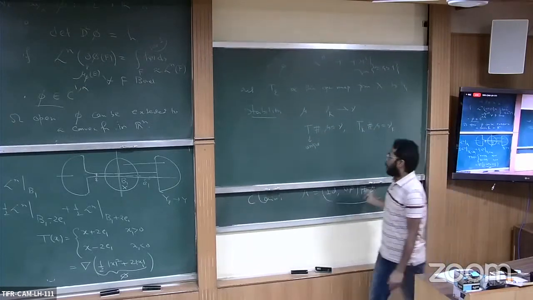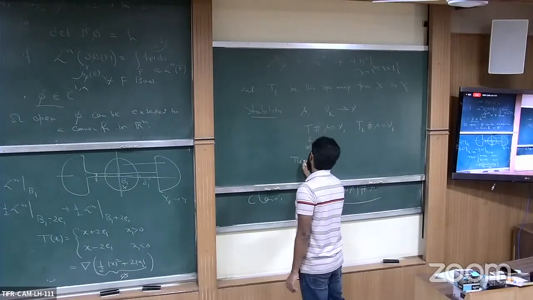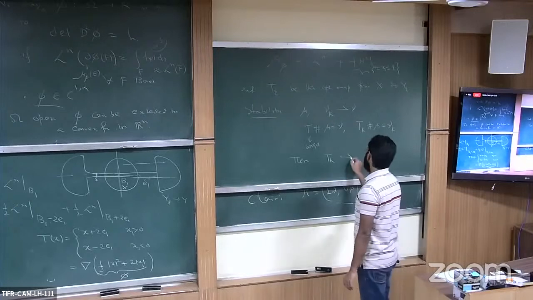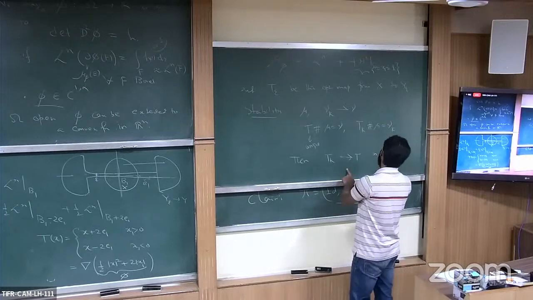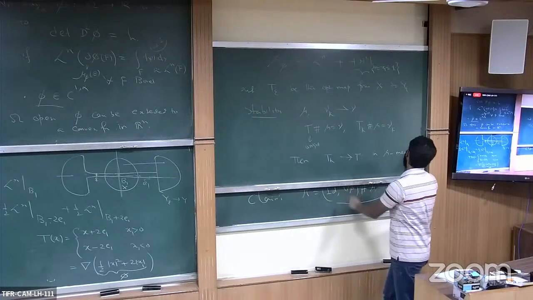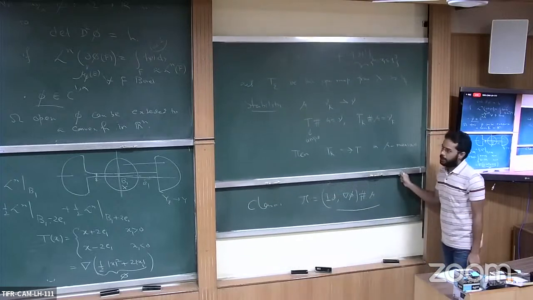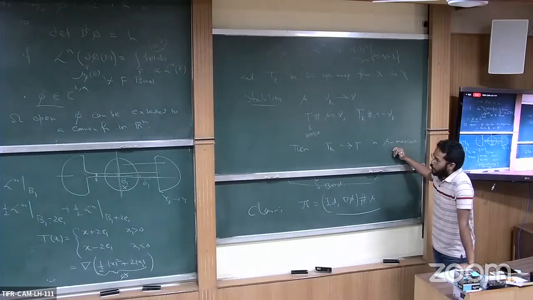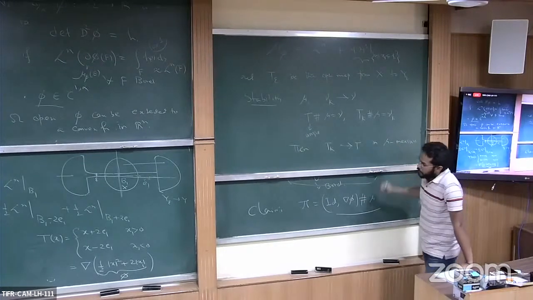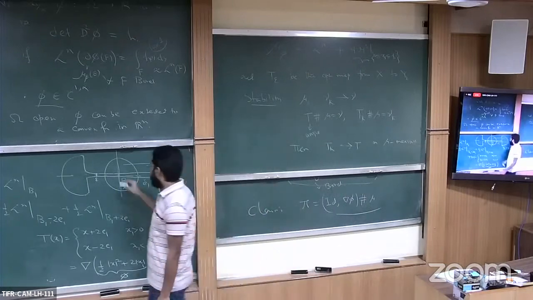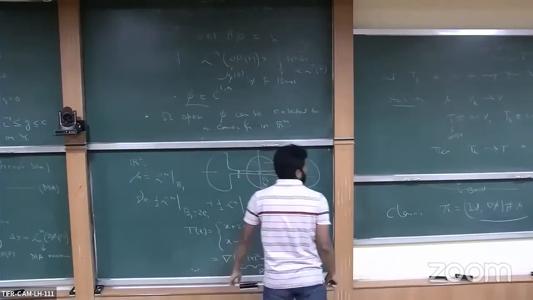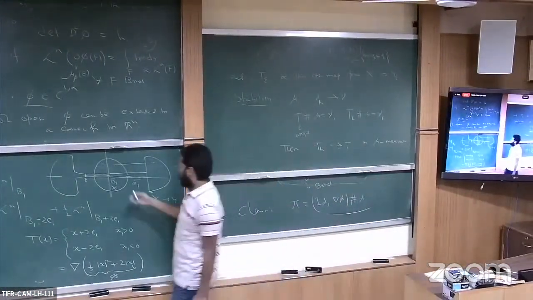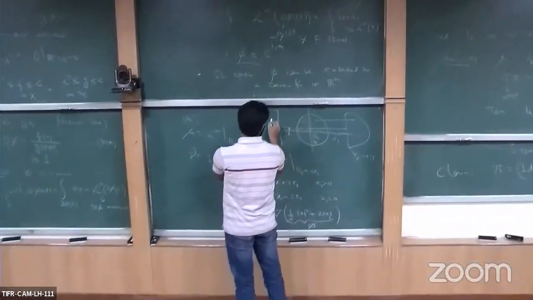Then your Tk converges to T in mu measure. What that means is that if you take a chunk of mass here, as Tk converges to T, the original map just shifts this mass to here.